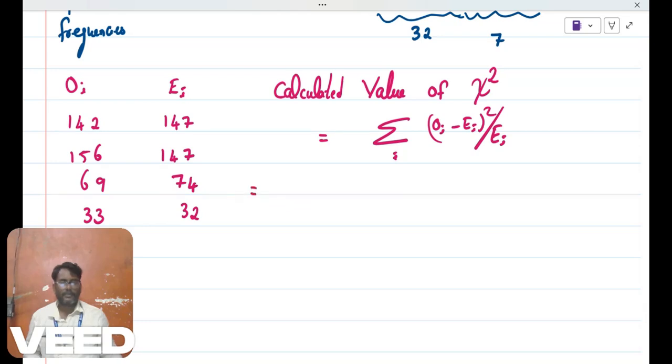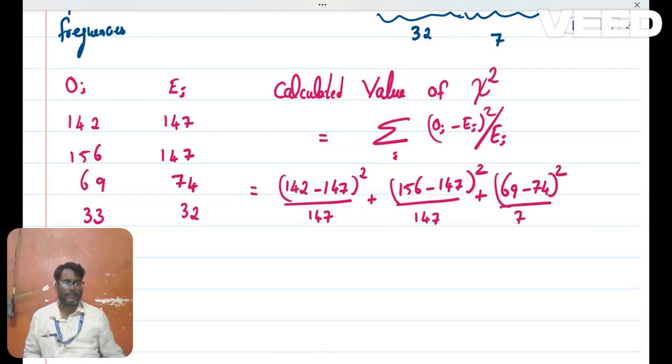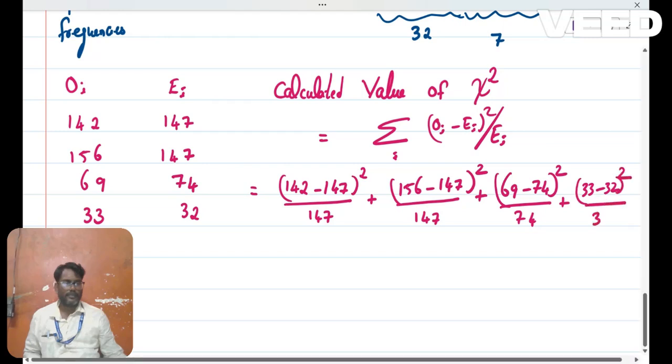So this should be equal to (142 minus 147) the whole square divided by 147 plus (156 minus 147) the whole square divided by 147 plus (69 minus 74) the whole square divided by 74 plus (33 minus 32) the whole square divided by 32.